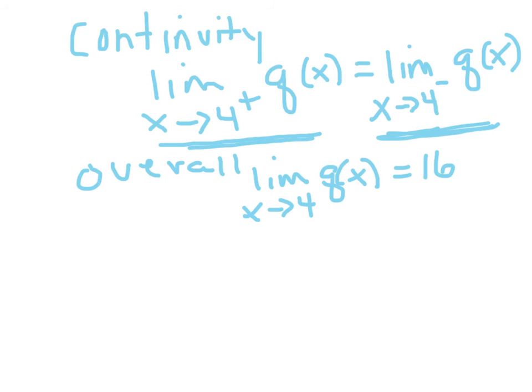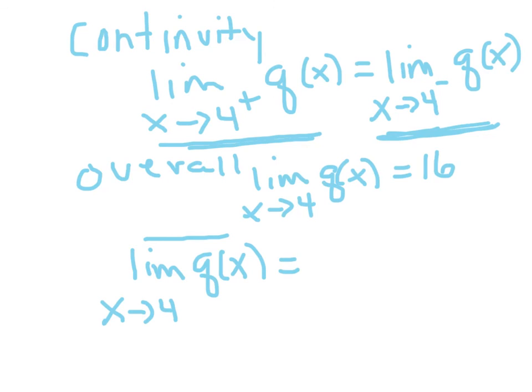If the left-hand limit and the right-hand limit don't equal one another, then there's no overall limit, okay? For a function to be continuous, the left-hand limit has to equal the right-hand limit, has to equal the overall limit, and the overall limit has to equal the function value.